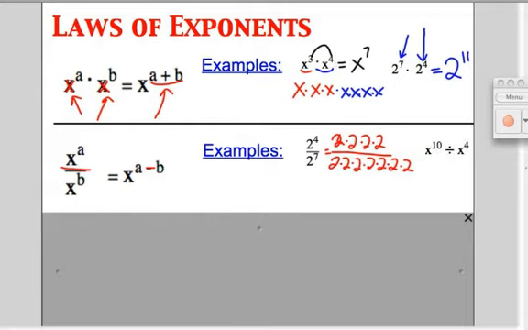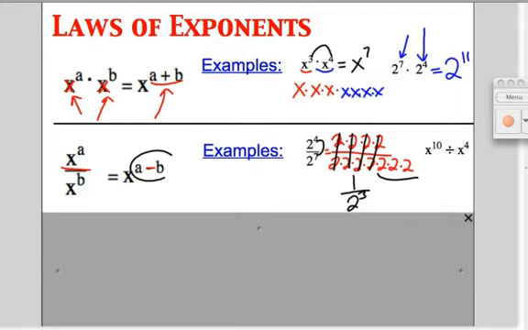Remember your big ones that we've talked about a lot this year. We have a lot of ones that can be created here. And look at what we have left. We have 3 2's. Hey, that's just 7 minus 4. 3 2's, and where are they? They're in the bottom. So we would really write this as 1 over 2 to the third.